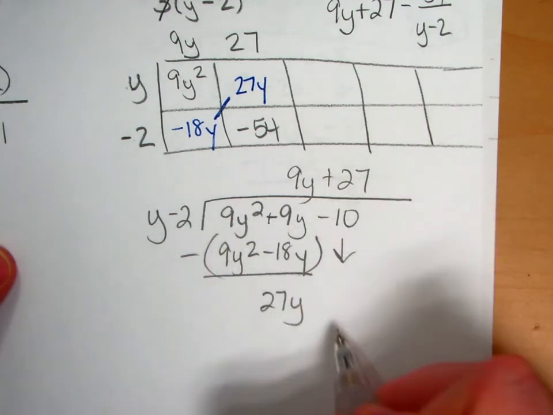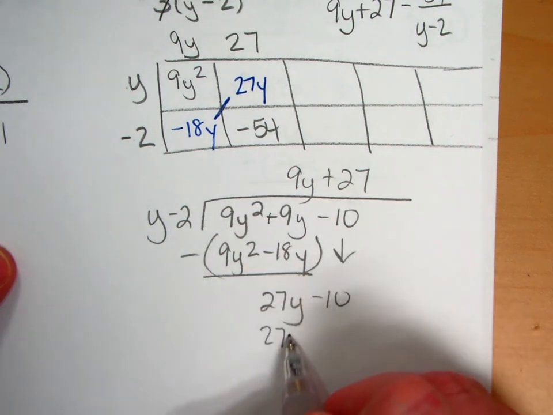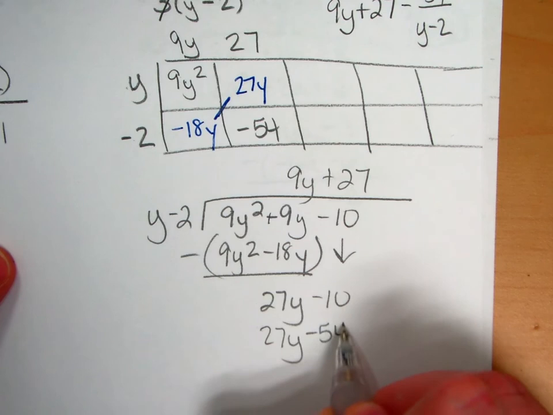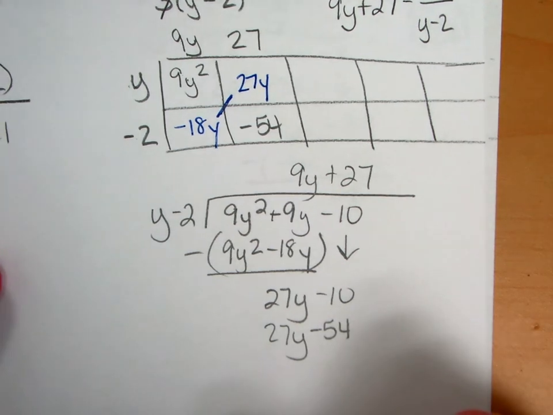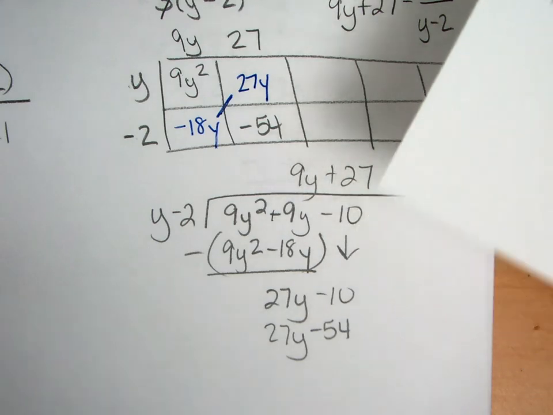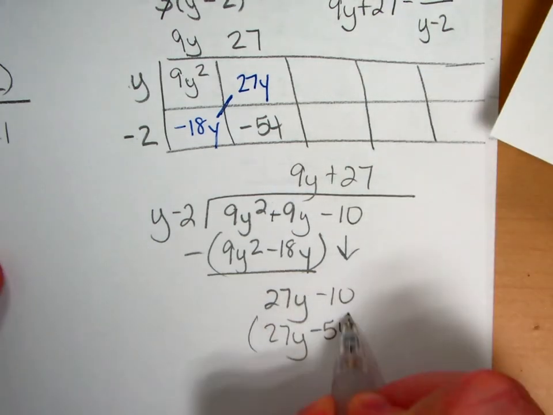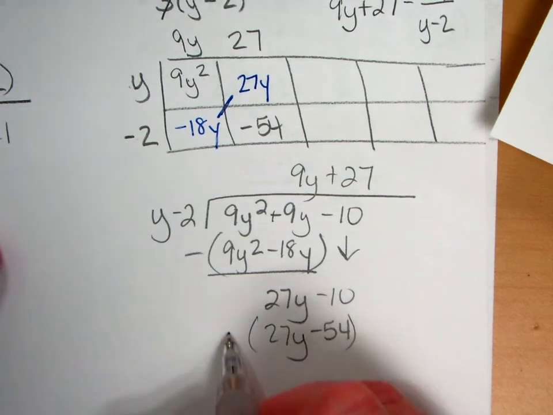This is looking promising. Like I said, I'm just learning about this. 27y minus 54. No, something's not right. Because that's not the right answer. I think I did the box method wrong.